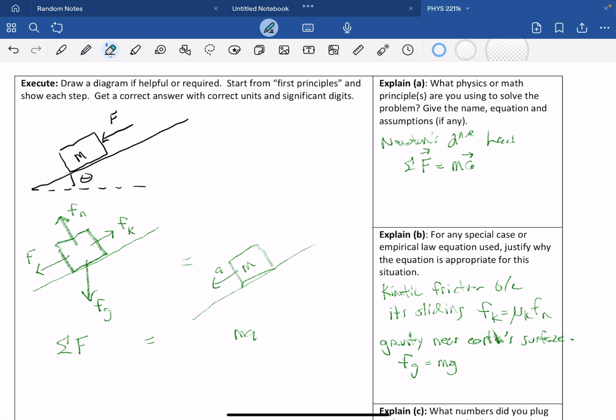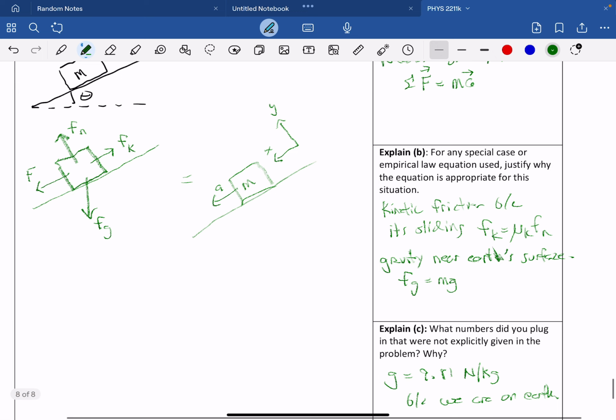Now, when we're operating on a hill, it is often useful to create our coordinate system parallel to the hill. So I'm going to have my coordinate system where the x direction is going downhill and the y direction is perpendicular to the hill.